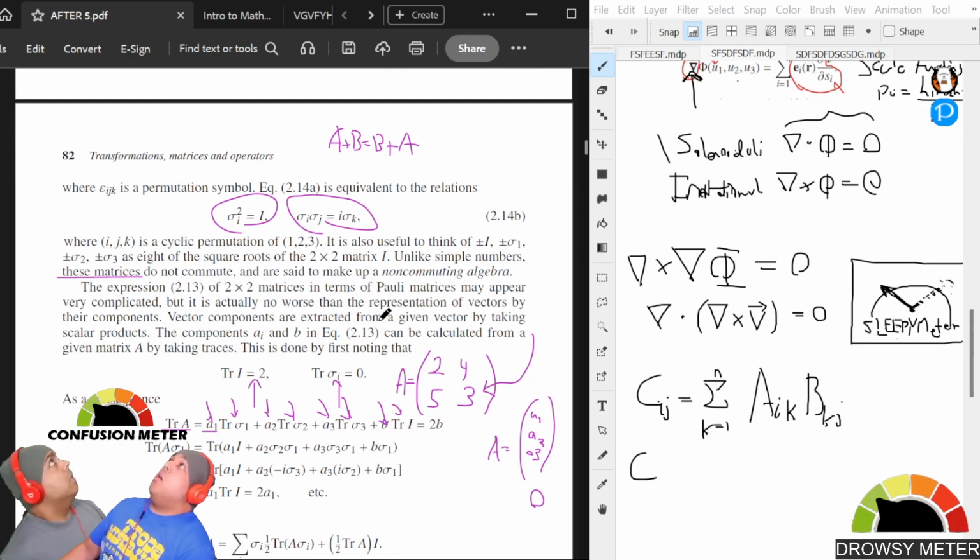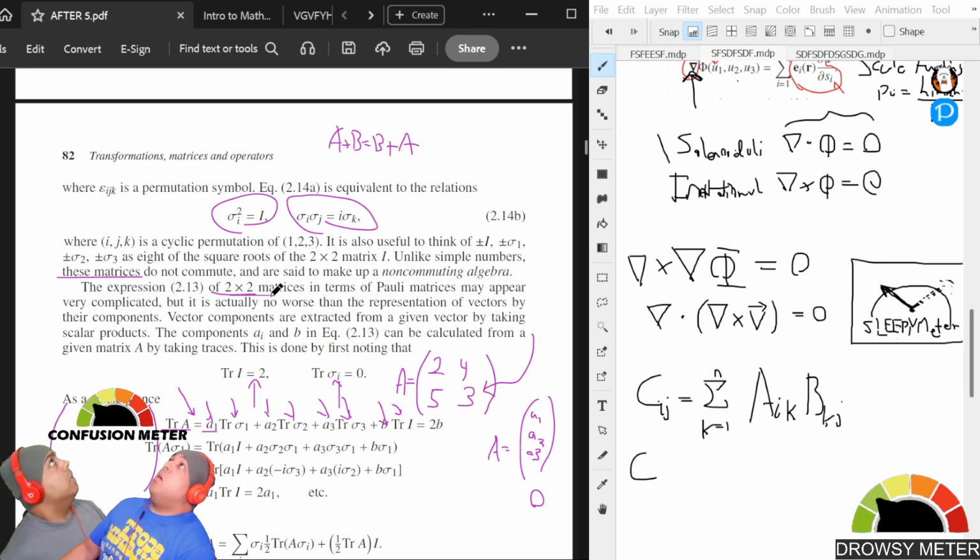How do we get this equation? Trace of A. Okay, there's 4 terms there, right? So that implies there's a 4 by 4 matrix. Yeah, but the components A, I, and B can be calculated from a given matrix A by taking traces.